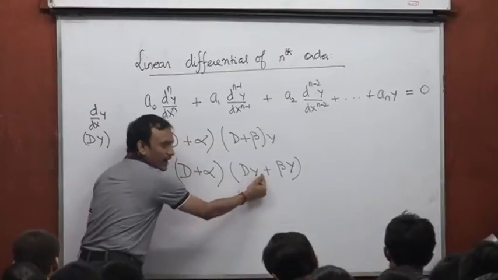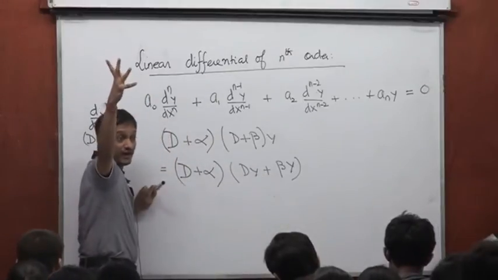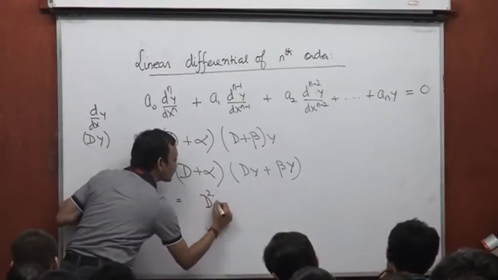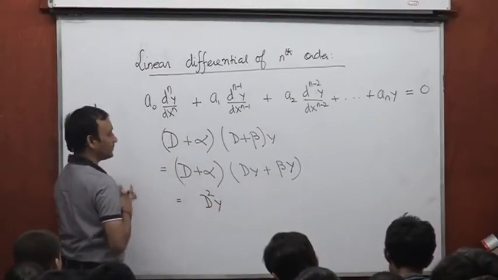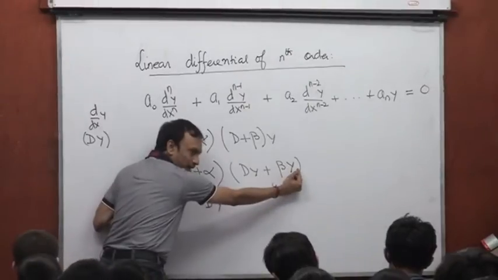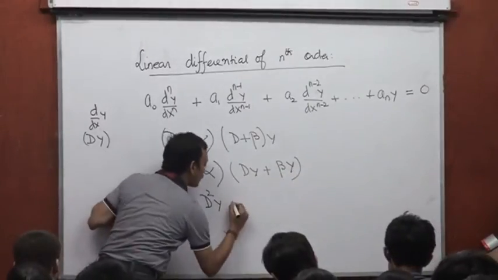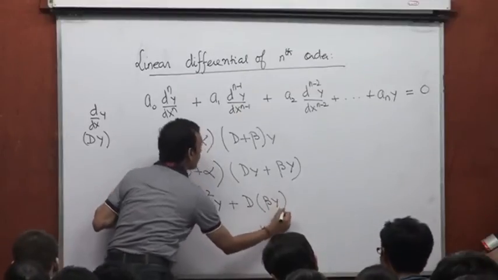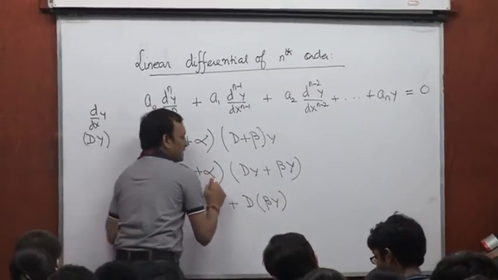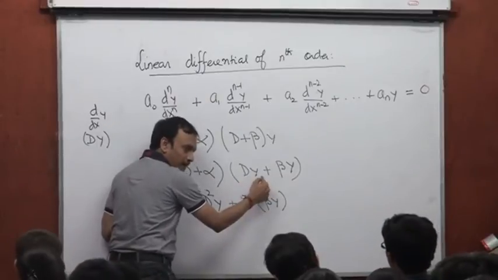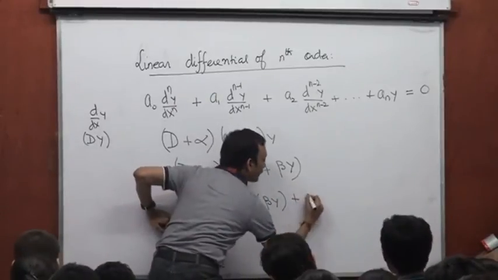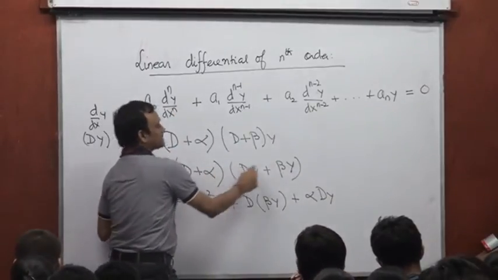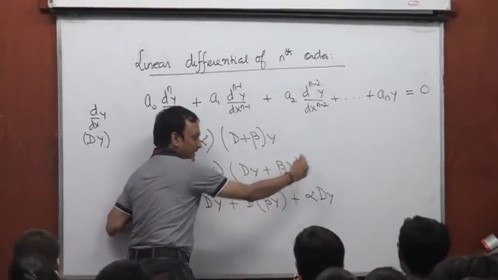So D acting on Dy would give me D squared y, the second derivative of y with respect to x. Then D acting on beta y, plus alpha into D acting on y, plus alpha beta into y.